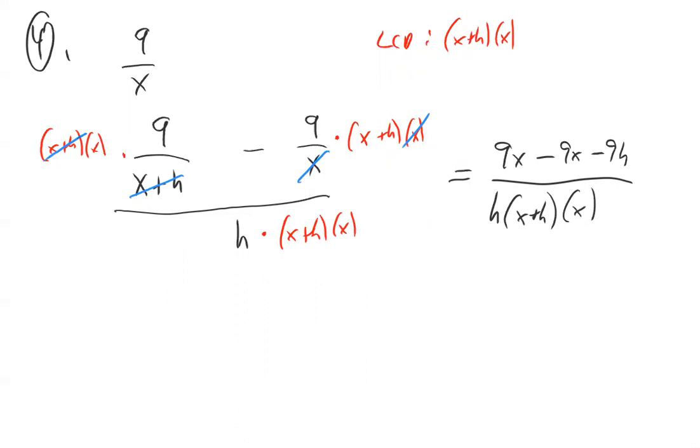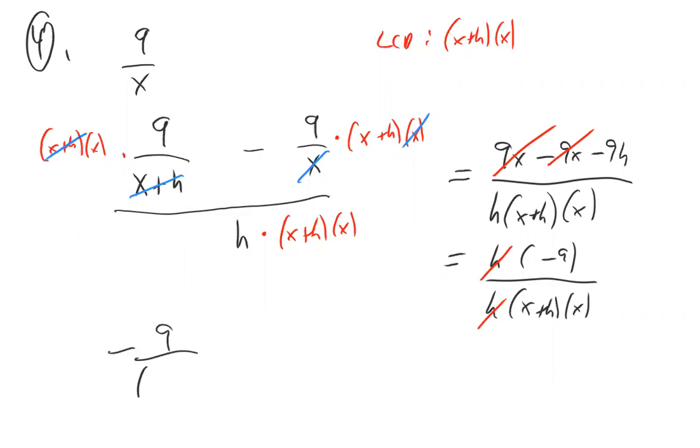Now you can cross out this 9x and this negative 9x, and then you can factor out the h. That leaves you with negative 9. Now you still keep the h on the bottom factored out. Then you can cross that one out. So the answer is equal to negative 9 over parentheses x plus h times x.